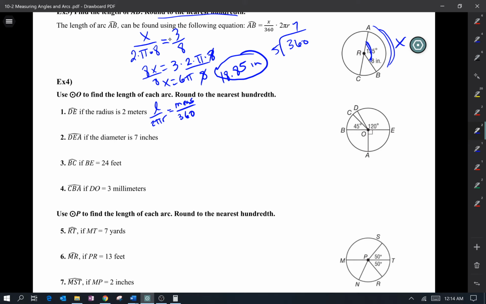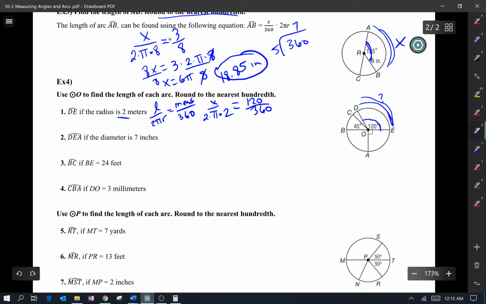How long DE is. Where's DE, this one, right? How long is that? Well, that's x. X over 2 times pi times, what's the radius? The radius is 2. They tell us it's 2, right? That's going to be proportional to what's the measure of the arc? Well, if the central angle is 120, then the arc is 120. So this will be 120 over 360.